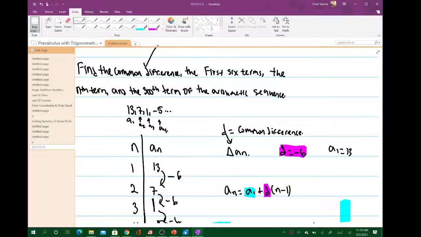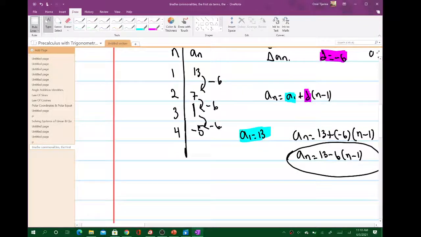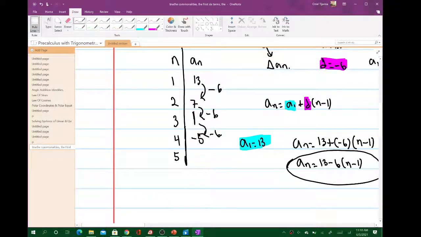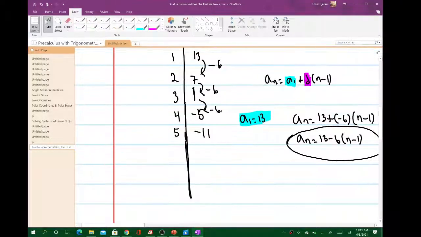We want to find the first 6 terms of this sequence. If we keep going in this sequence from what they already gave us, we can keep subtracting 6. If we do that, we're going to get -11, and as we go down, we subtract 6 again, so it's -17, right?